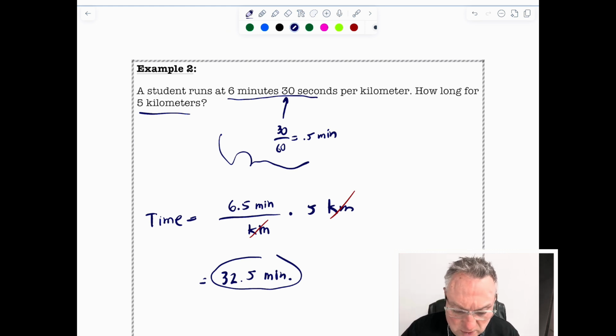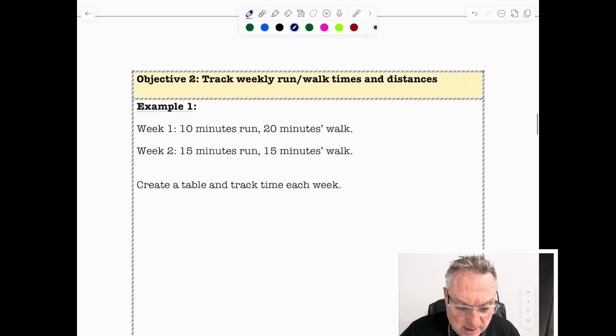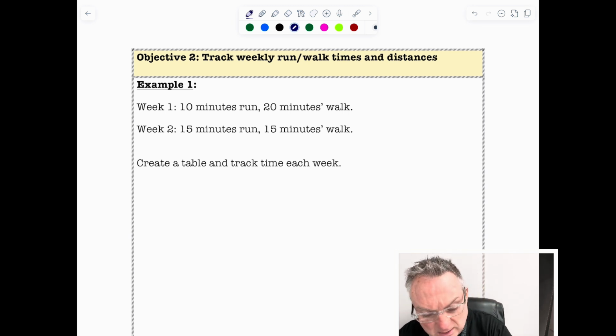So next we're going to talk about tracking a weekly run. So week 1, they run 10 minutes and they do a 20-minute walk. Week 2, they do a 15-minute run and a 15-minute walk. Create a table and track the time. So I'm just going to make a column for weeks, and I've got week 1 and 2.